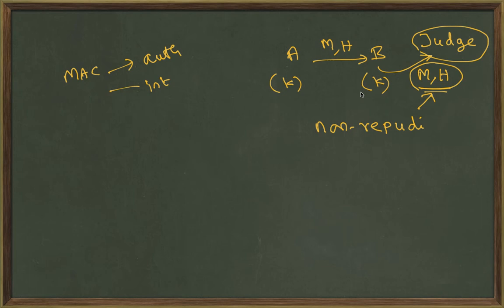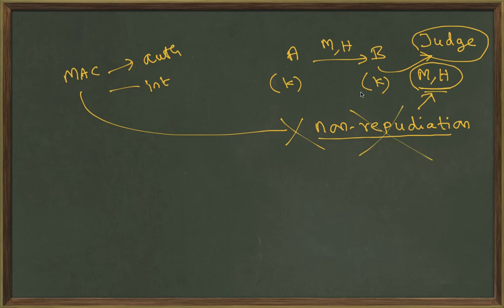So MAC does not provide non-repudiation. Because in symmetric key more than one person knows the key, using a symmetric key cipher we can never ever produce non-repudiation.